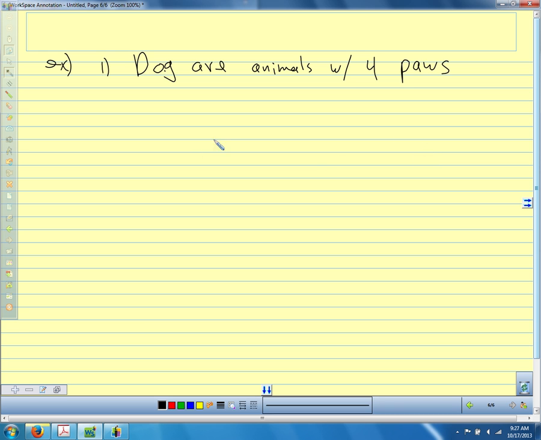So if I wrote this, the question is, is this reversible? If an animal is a dog, then it has 4 paws. If it has 4 paws, then it is a dog. Is that reversible? No. So this would not be a good definition.